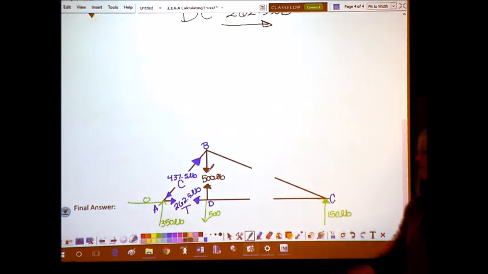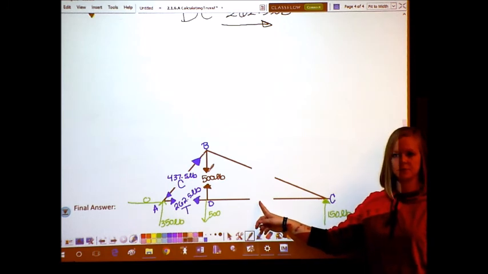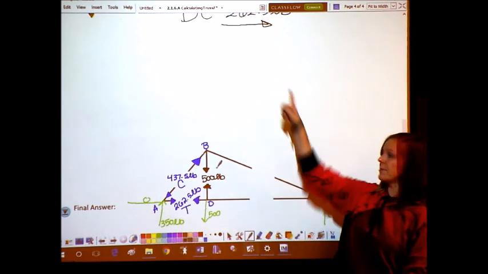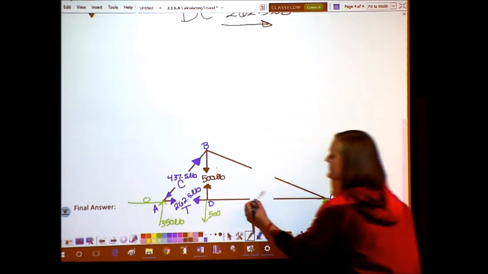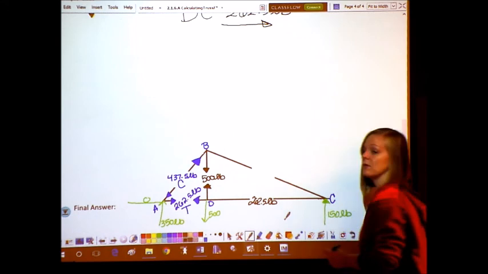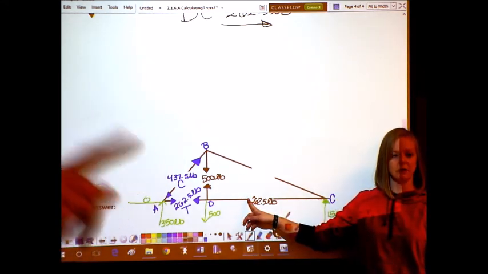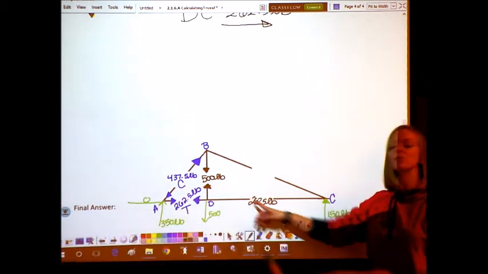And right here where my finger is, what's the number? Look at your chart you made up there. 262. And right here where my finger is, how did it point? Did it point to the right or to the left? Pointed to the right.